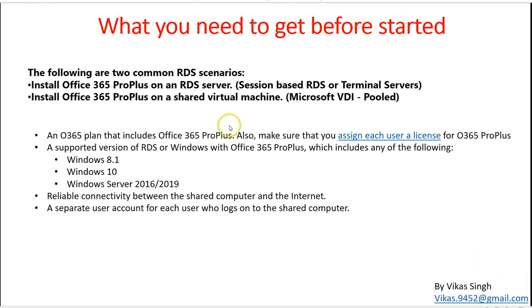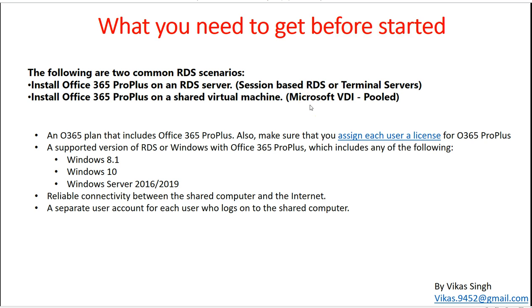In Microsoft RDS there are two scenarios where you can install or deploy Office 365 on Remote Desktop Services. The first one is to install Office 365 Pro Plus on an RDS server, which is a session-based or terminal server, or to install Office 365 Pro Plus on a shared virtual machine, which is Microsoft VDI, virtual desktop infrastructure, as a pooled one.